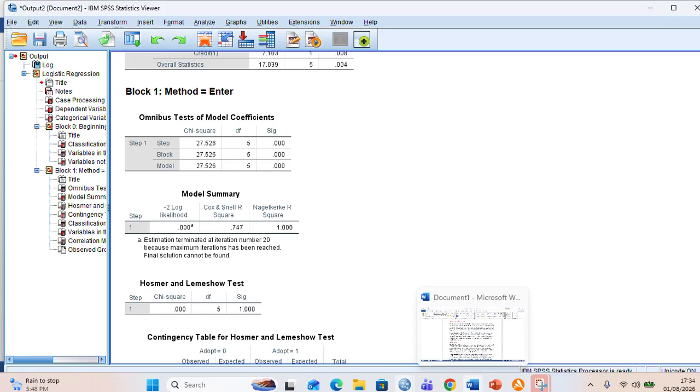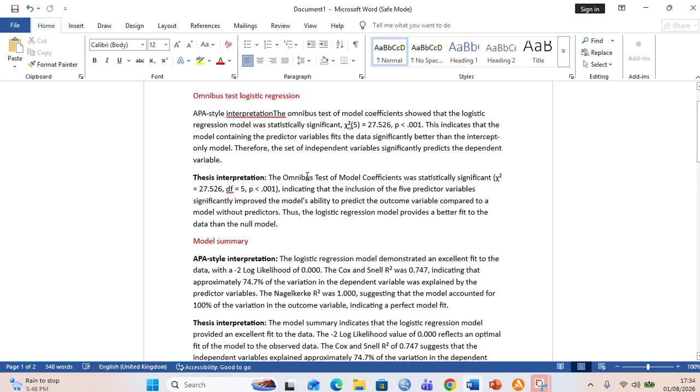So here is how you can write it. For your interpretation, if you are using the APA style, this is how you're supposed to write.